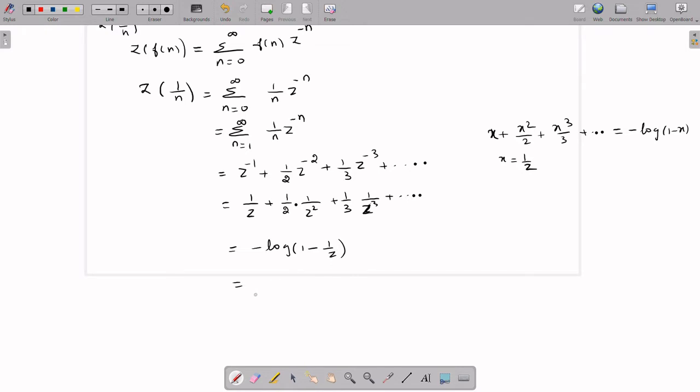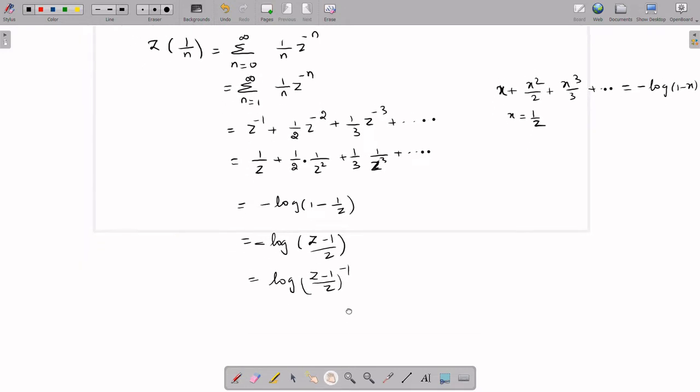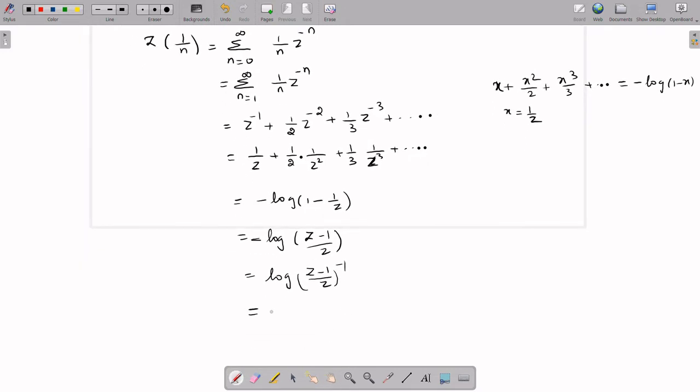Take the LCM: minus log of z minus 1 by z, or you can write this as log of z minus 1 by z, the whole inverse. This is one of the properties of log, isn't it? So you can write this as log of the reciprocal, z by z minus 1.